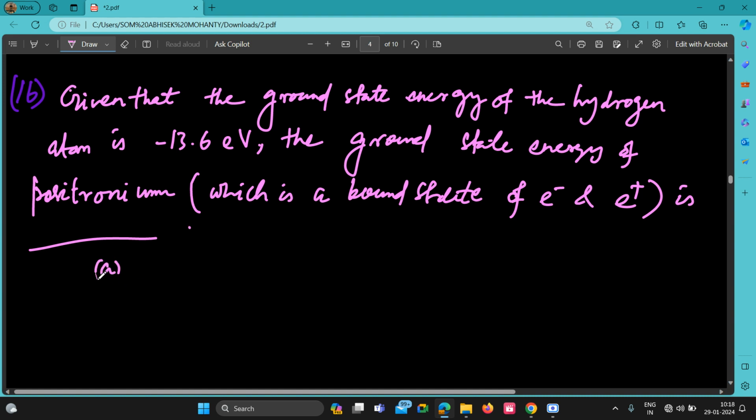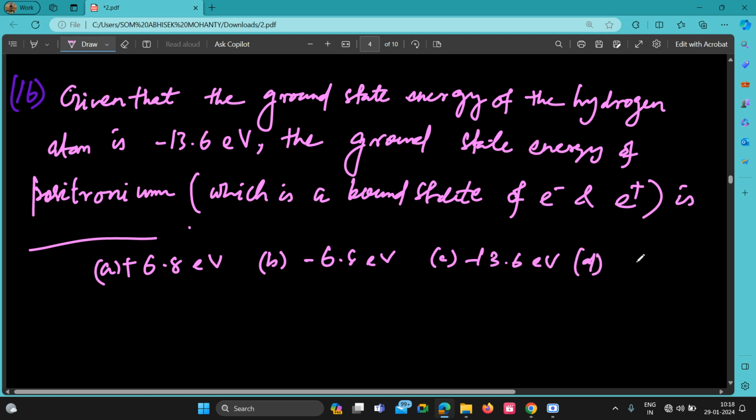Options: A, plus 6.8 electron volt; B, minus 6.8 electron volt; C, minus 13.6 electron volt; and D, minus 27.2 electron volt. Given that the ground state energy of hydrogen atom is minus 13.6 electron volt, find the ground state energy of positronium.